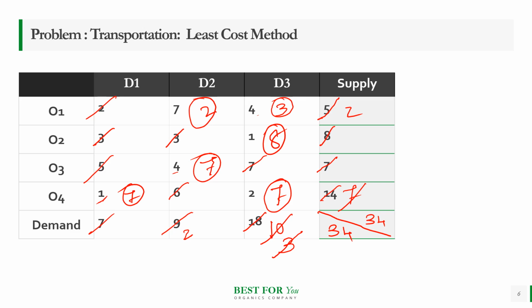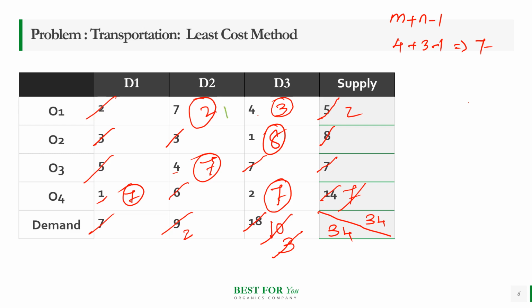Now our allocation is done. We need to find out whether the answer is non-degenerate or not. For that we use m plus n minus 1. Here m is the total number of rows, which is 4, and n is the total number of columns, which is 3, minus 1, which gives you 7. Next we need to identify how many allocations we have.